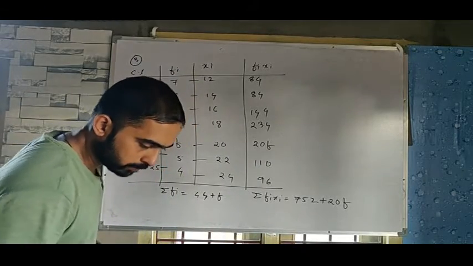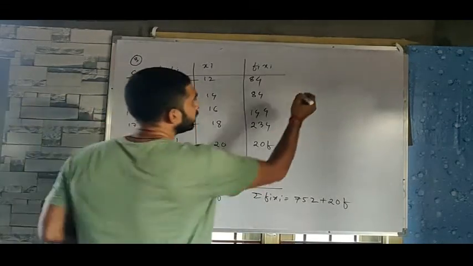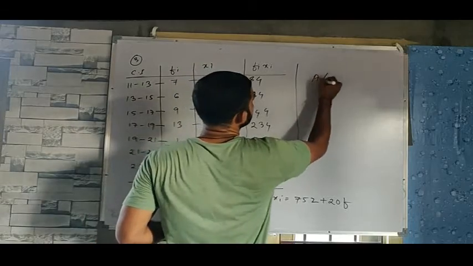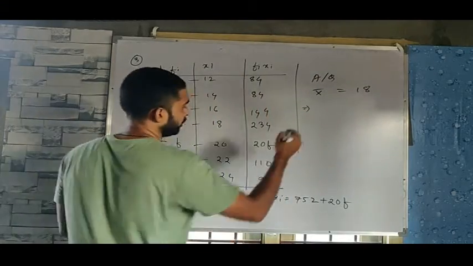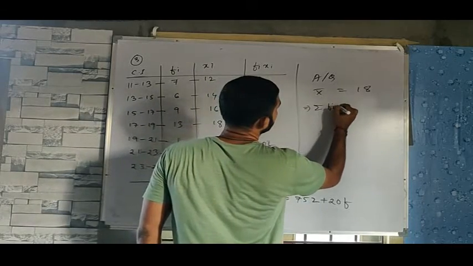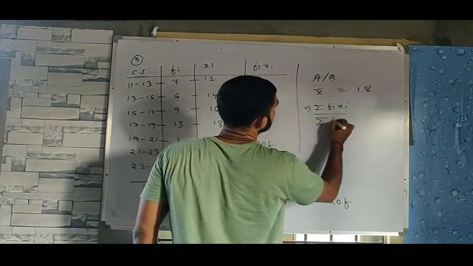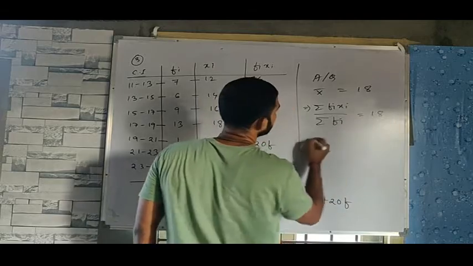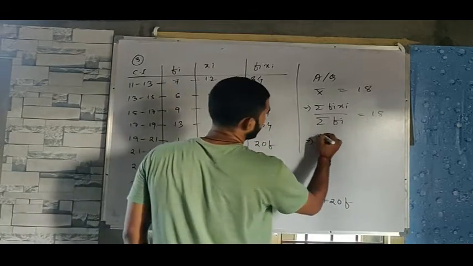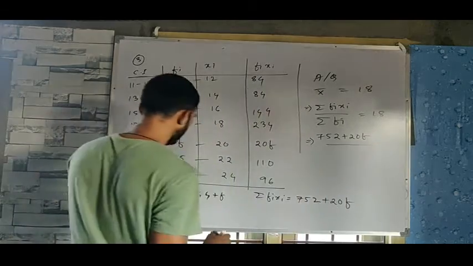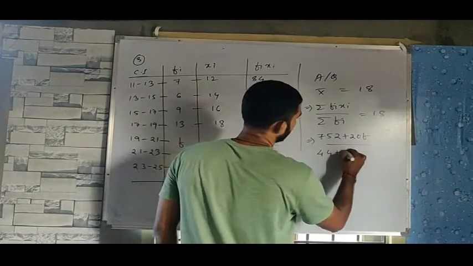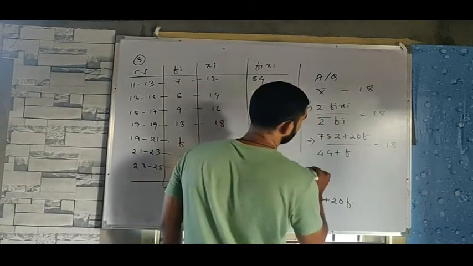Therefore, what is the mean? The mean is given as 18. According to the question, mean equals 18. So the mean formula: summation fi xi by summation fi equals 18. So 752 plus 20f by 44 plus f equals 18.